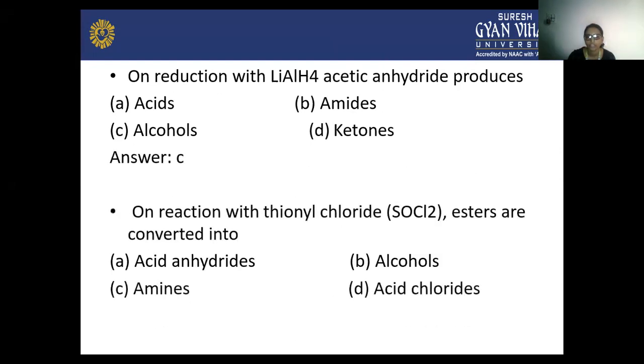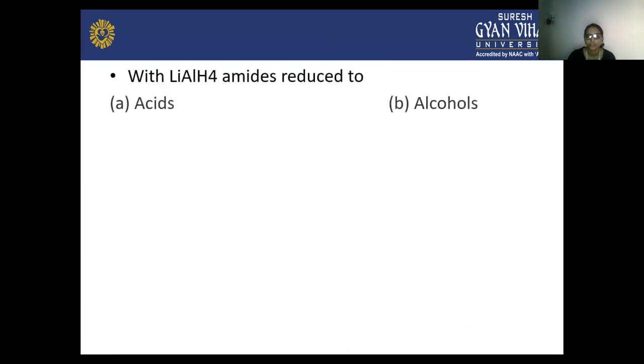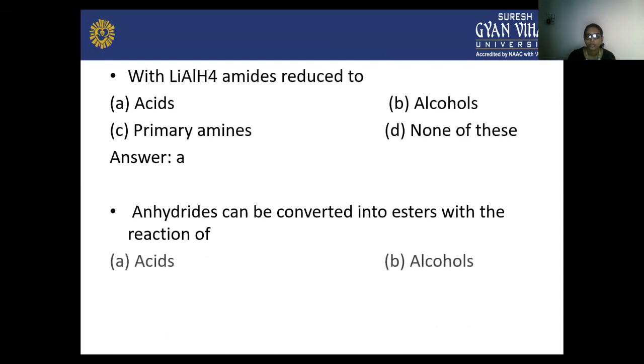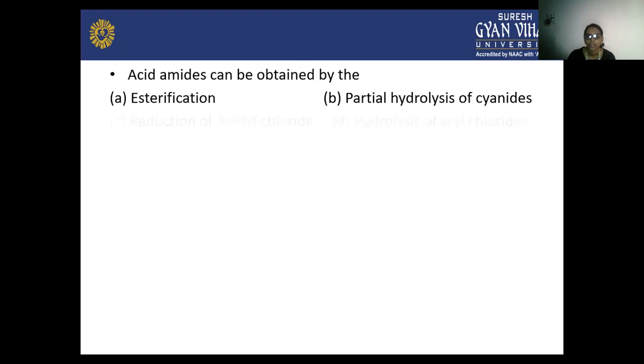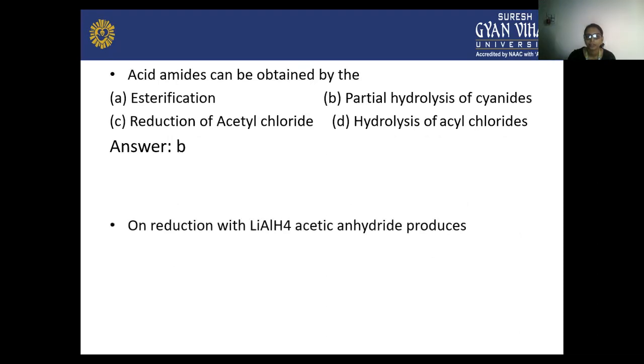On reaction with thionyl chloride, an acid can be converted into an acid chloride. With lithium aluminum hydride, amides reduce, and acid anhydrides can be converted into esters. Acid amides can be obtained by partial hydrolysis of acid cyanides, and on reduction with ethanol, it produces alcohols.